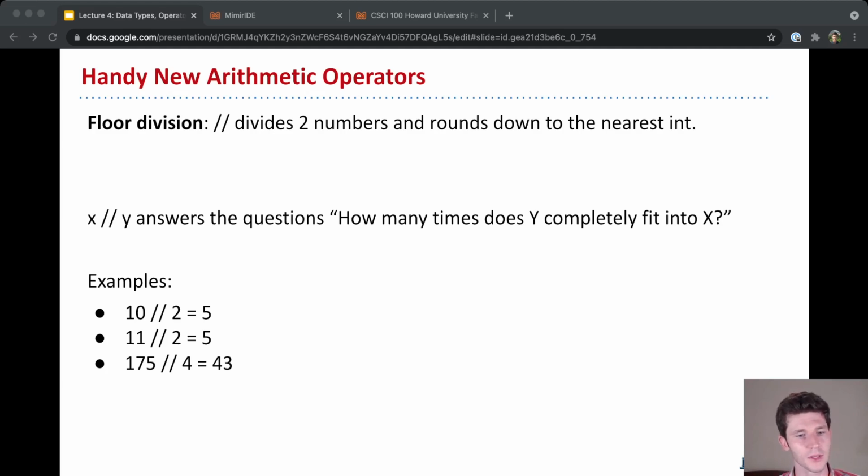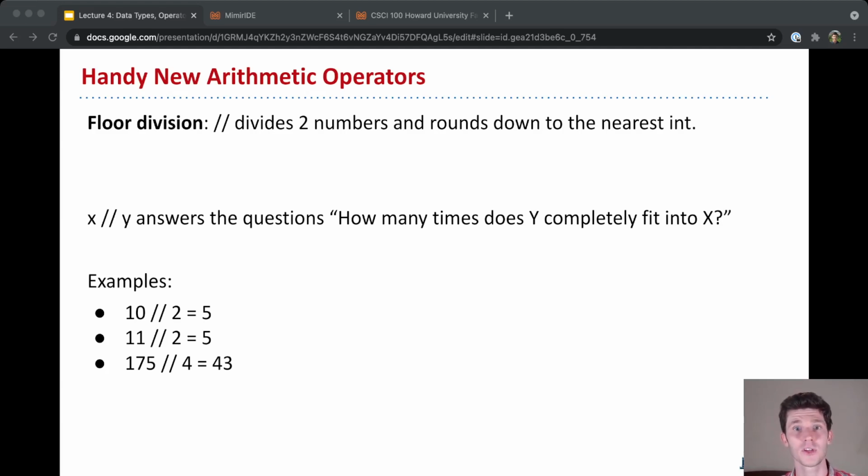So some examples we can see might make this clear. 10 floor divided by 2 is equal to 5. That's actually the same result as if you were just to regular divide 10 by 2, because 2 goes into 10 5 times exactly. But 11 floor divided by 2 is also equal to 5, because 2 goes into 11 5.5 times.